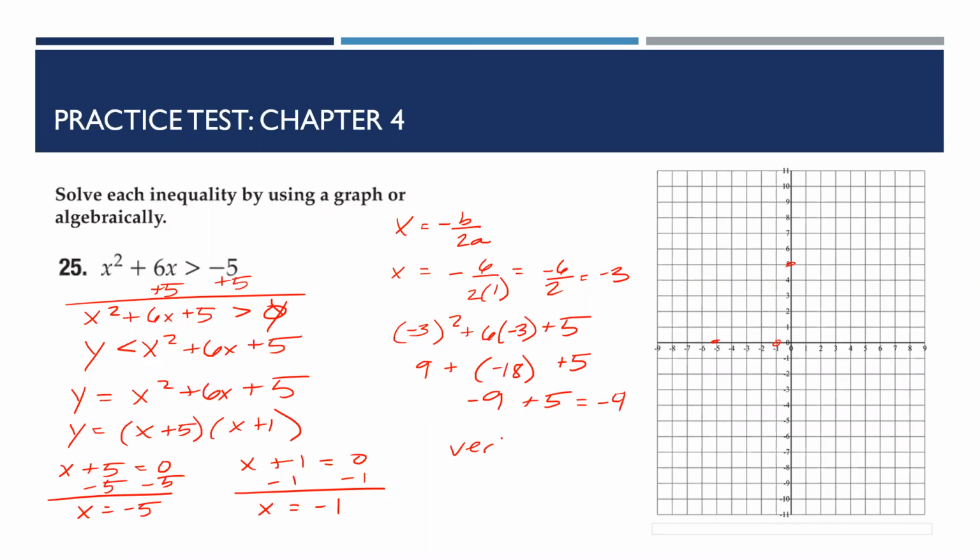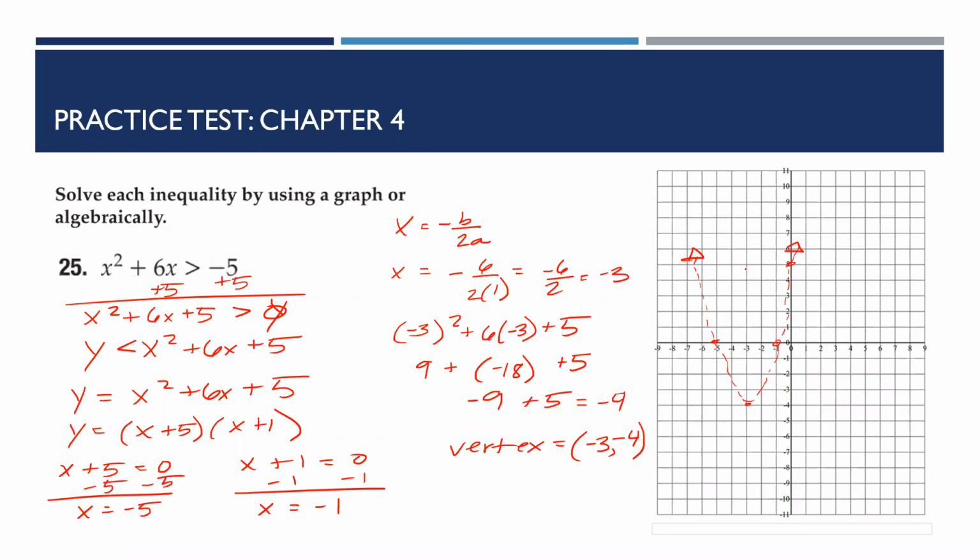So the vertex is when x is negative 3 and y is negative 4. So that's negative 3, negative 4. And then it's y is less than this. So that means that my parabola should be dashed. If it was less than or equal to, then it would be solid. But it's only less than, so it cannot be equal to.